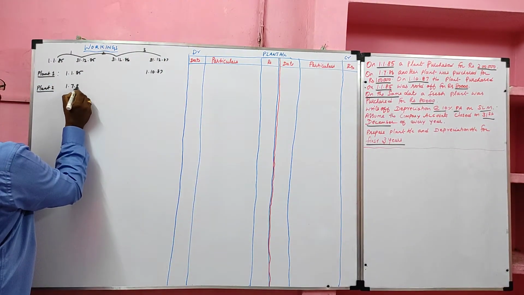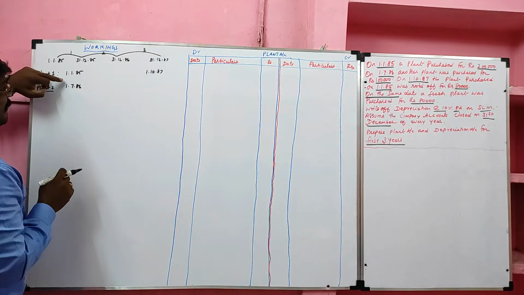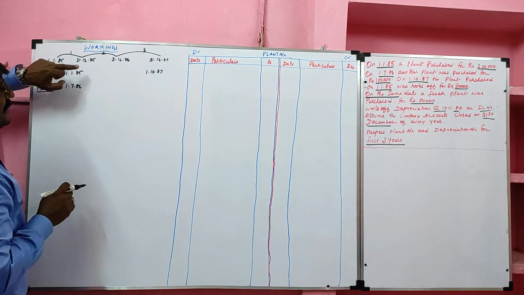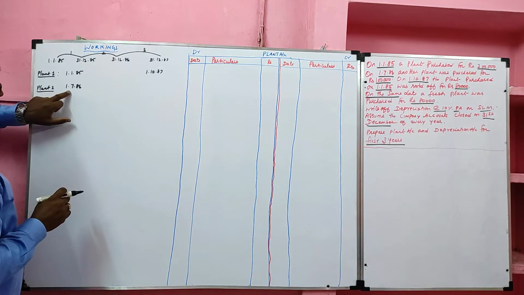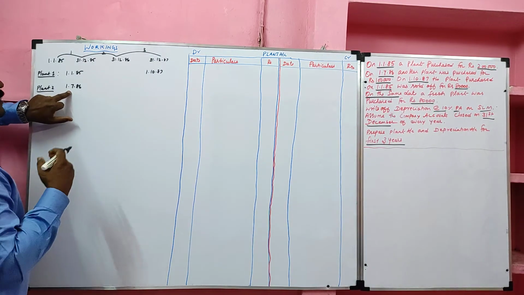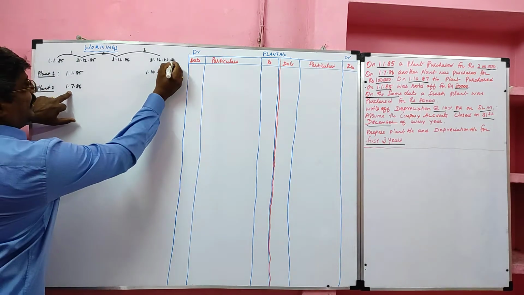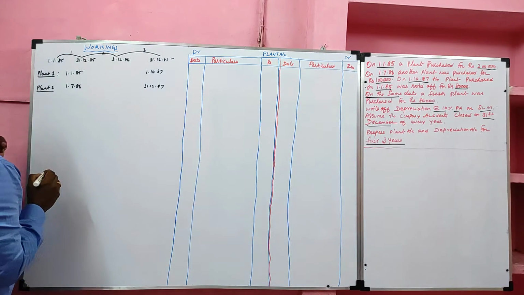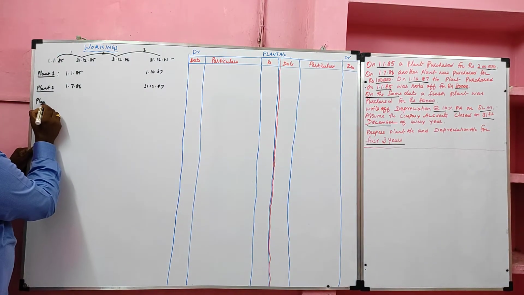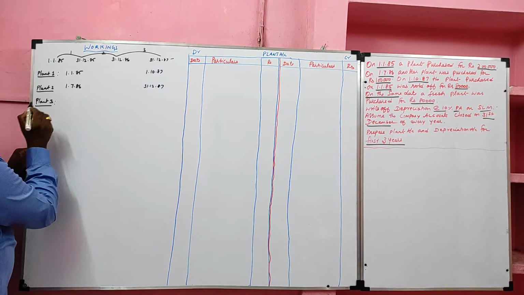For the first plant we know the purchase date and sale date. But for the second plant, we know the purchase date, but we do not know when we are going to close the accounts. For that, we will take this date, 31/12/87. Then we will take the purchase date of plant 3.